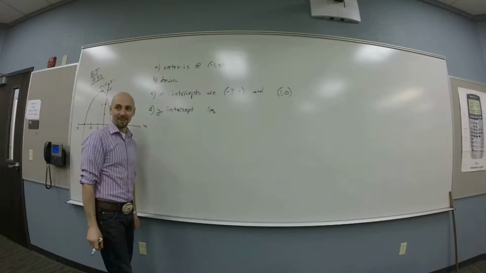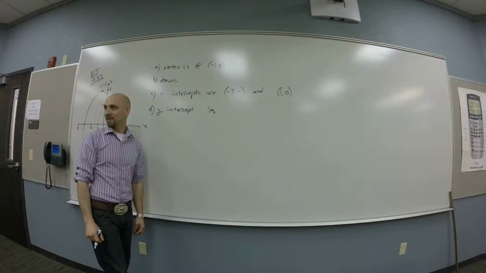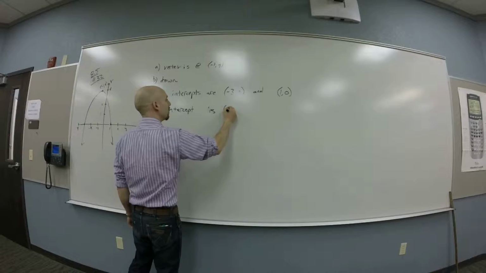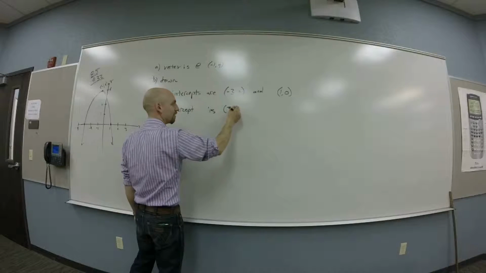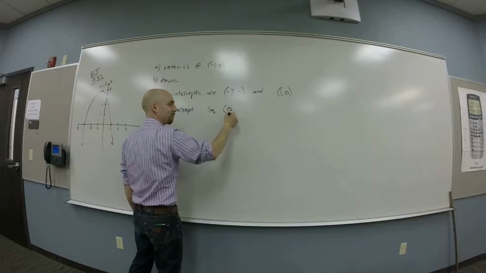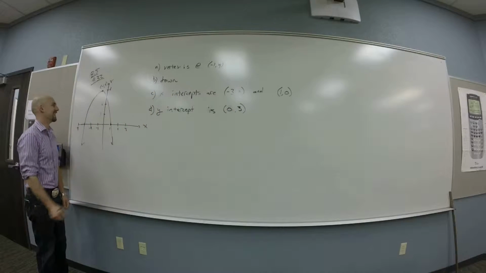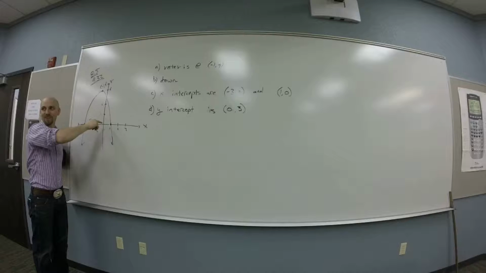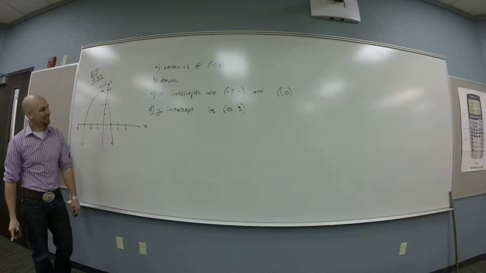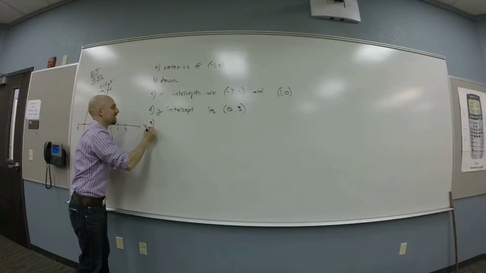Functions have one y-intercept, and on this one it is 3. 0, 3. That's this point, right? It's over 0, up 3. Yeah. Okay.